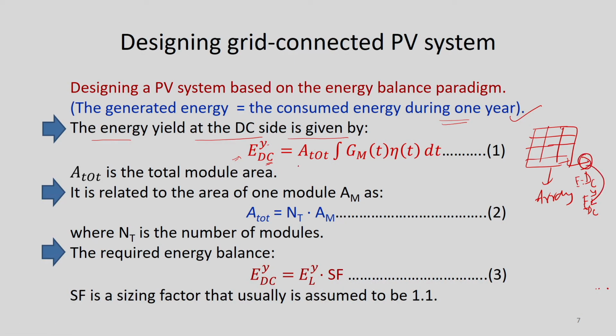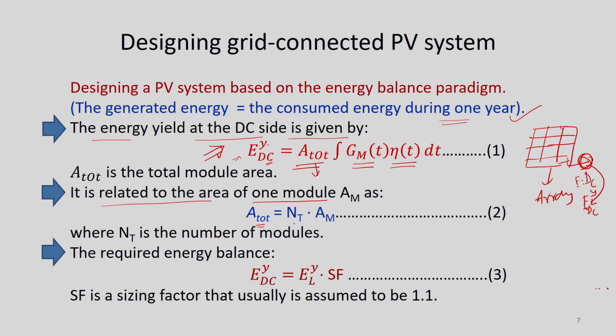Okay. This is something like A total, this is the total area of the modules, integration of G M E is the intensity of solar radiation, and eta is the conversion efficiency, right. So, this will give the yearly energy yield in the DC side. So, this is the energy yield. So, this A total is related to the area of one module, right.